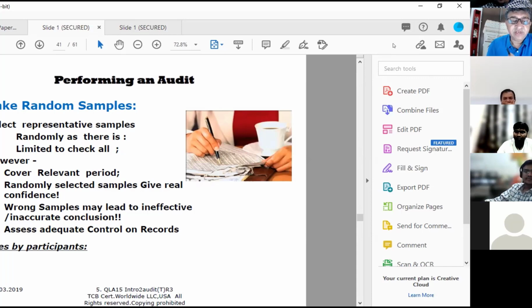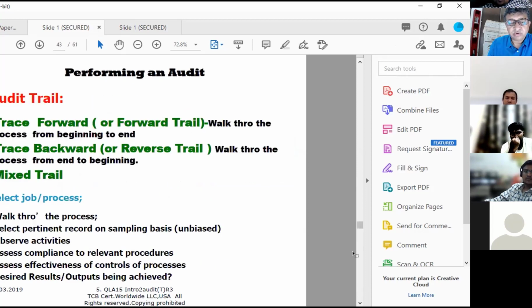You have to conclusively decide, and that will depend on the sample that you take. Do you agree with me? Now I will show you a slide, and I think the next slide is talking about this.